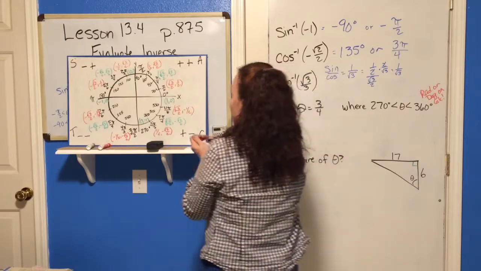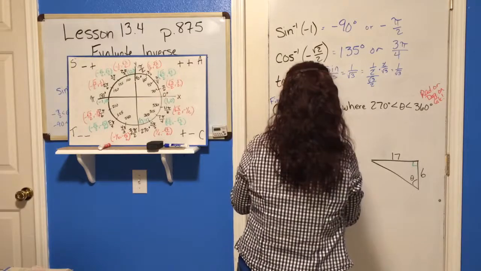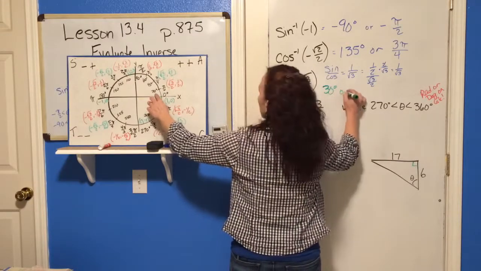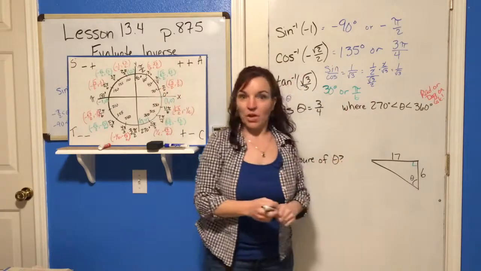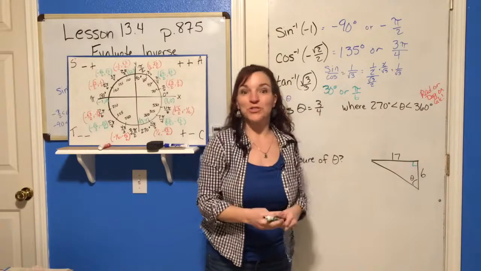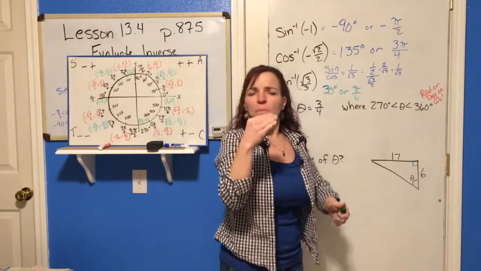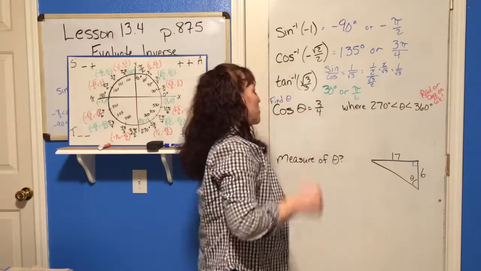So that says that this is the angle that I want. So the inverse tangent is 30 degrees or pi over 6. All right, once you find it, that's your answer and you're done. So the whole point was to find what angle measure gave me this answer. Okay, so you're just going backwards.